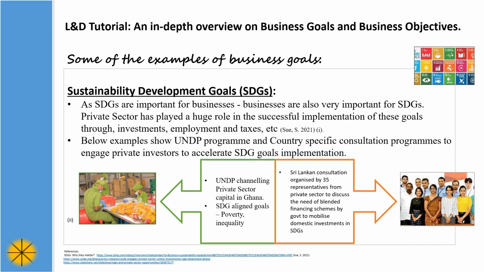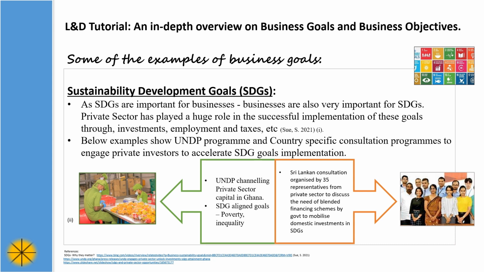Below examples show United Nations Development Program and country-specific consultation programs to engage private investors to accelerate SDG goals implementation. On the left side of the slide is given an example of United Nations Development Program to channel private sector investment in SDG goals for Ghana to meet poverty inequality related goals, which is facing the financial gap of 43 billion annually, 52% of GDP.